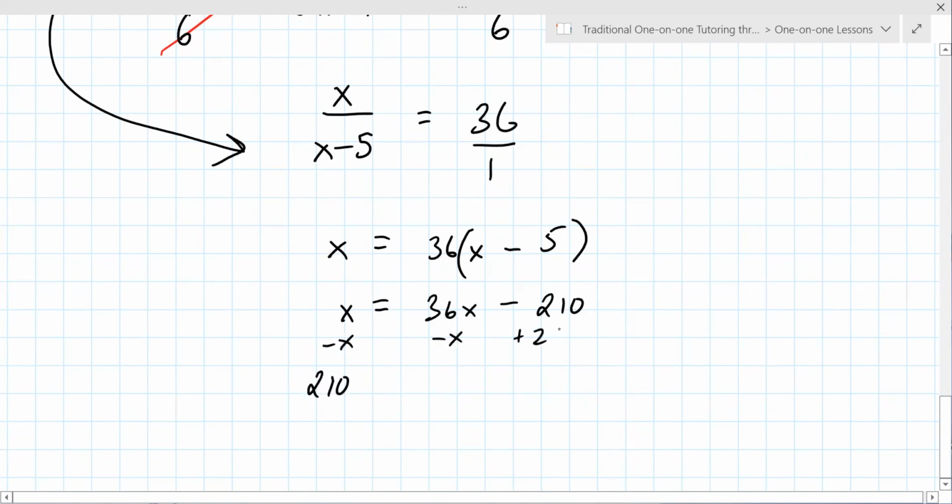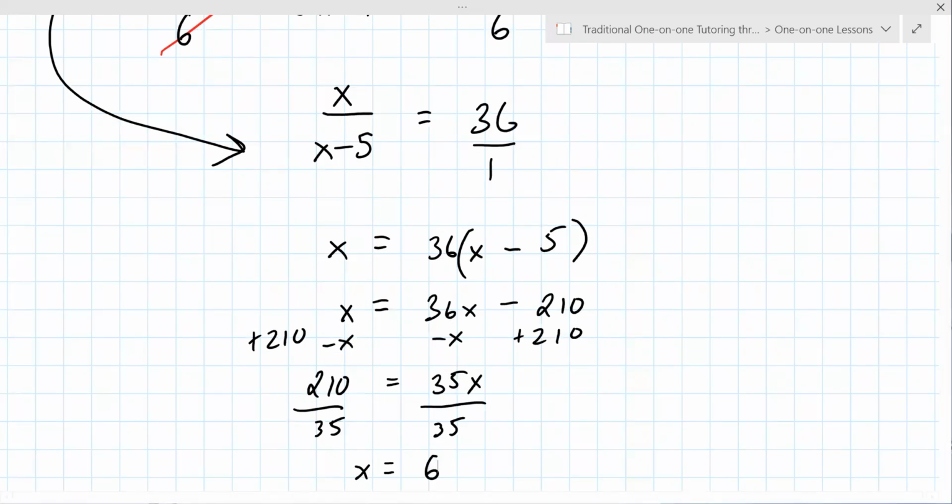You add 210 to both sides, and you get 35x. Then you divide by 35. And that actually works. X equals 6. Wouldn't have thought that. That makes a lot more sense.